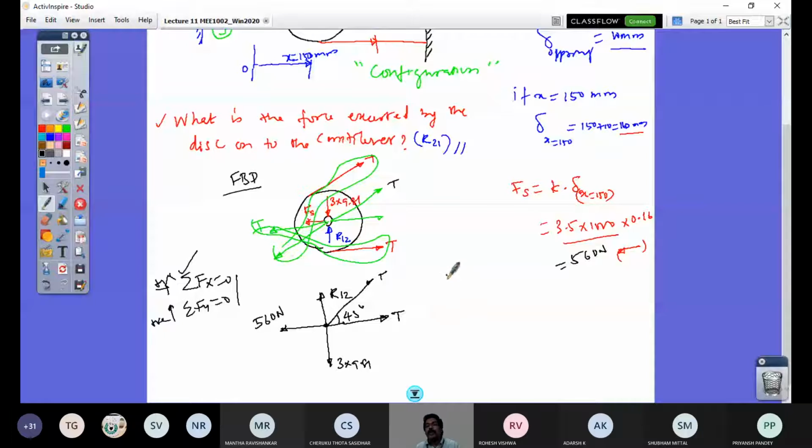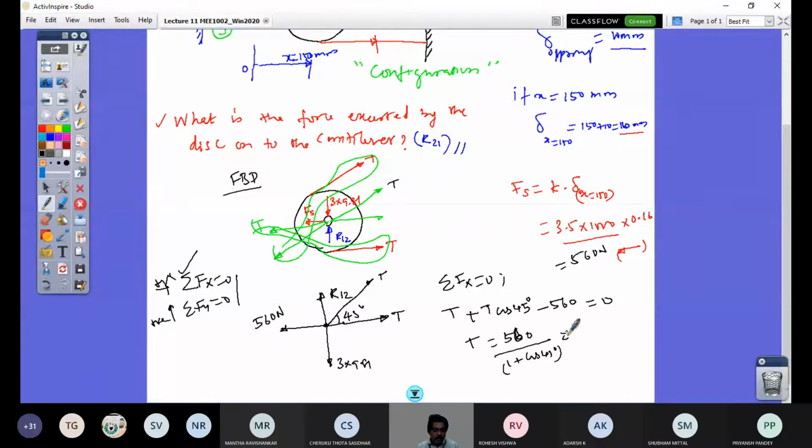So let me use the first equation, sigma Fx equal to 0. I would have T plus T cos 45 minus 560 equal to 0. So T would be 560 by 1 plus cos 45. What is the answer that you get?